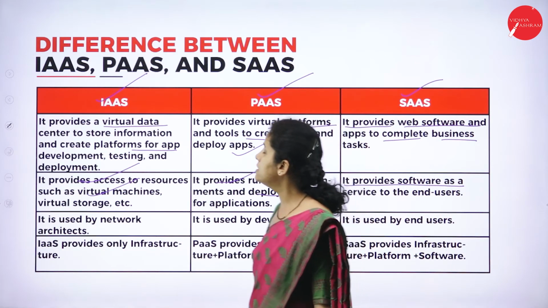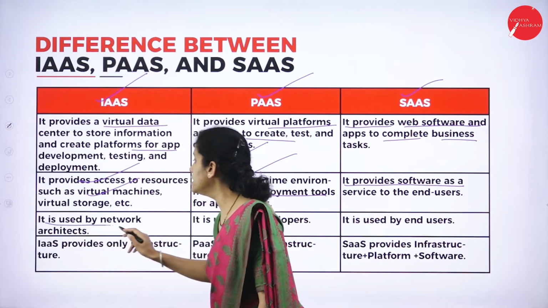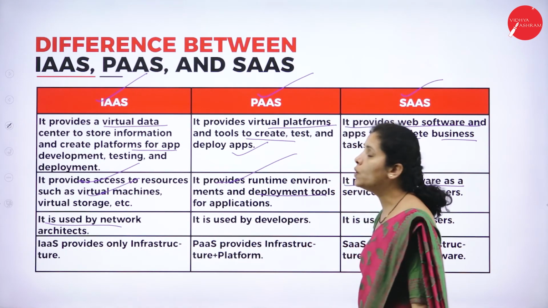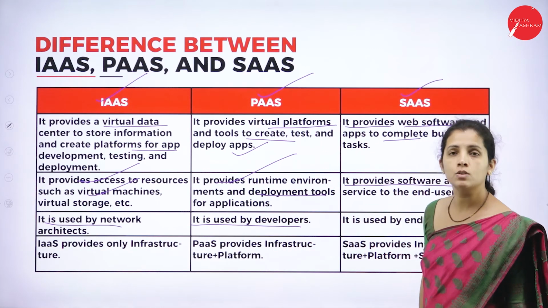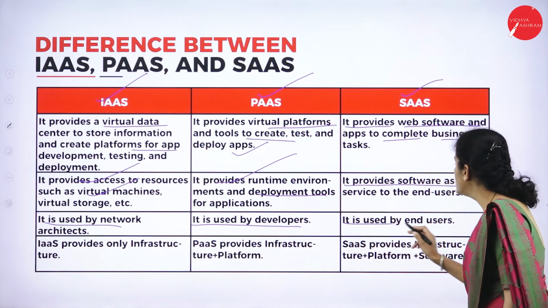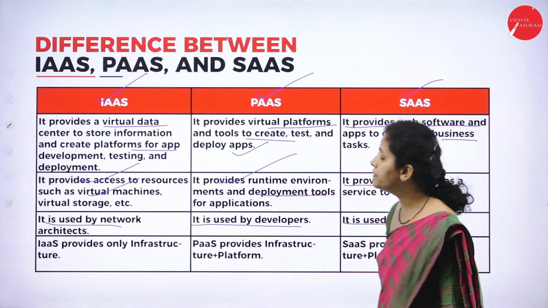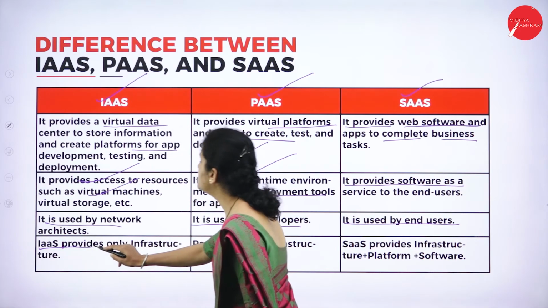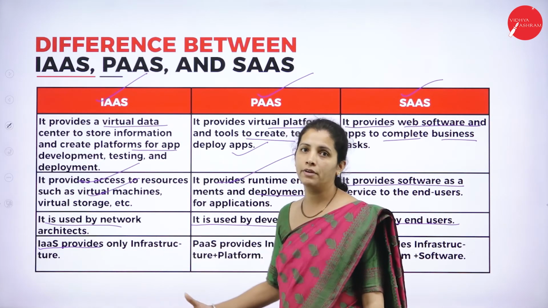Infrastructure as a service is used by network architects, PaaS is used by developers, whereas SaaS is used by the end user. And the last difference: infrastructure as a service provides only infrastructure, that means I'm going to get just infrastructure.